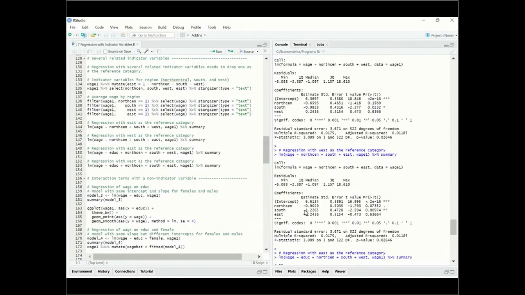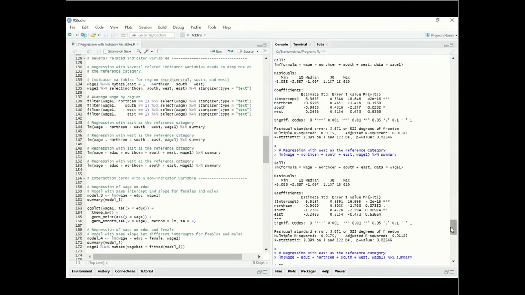Well, the wages in the South were already 98 cents lower than the wages in the East, and then we have the additional 24 cents lower wages that we have for the East versus the West. And that's how this coefficient here is also a composite of this coefficient here plus this coefficient here. And that's how we get that coefficient. So again, we could get one coefficient from the other coefficients very easily.